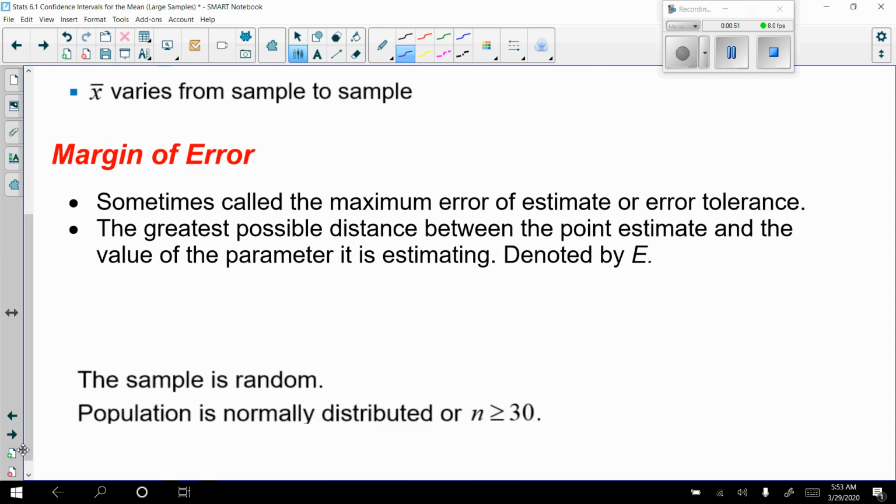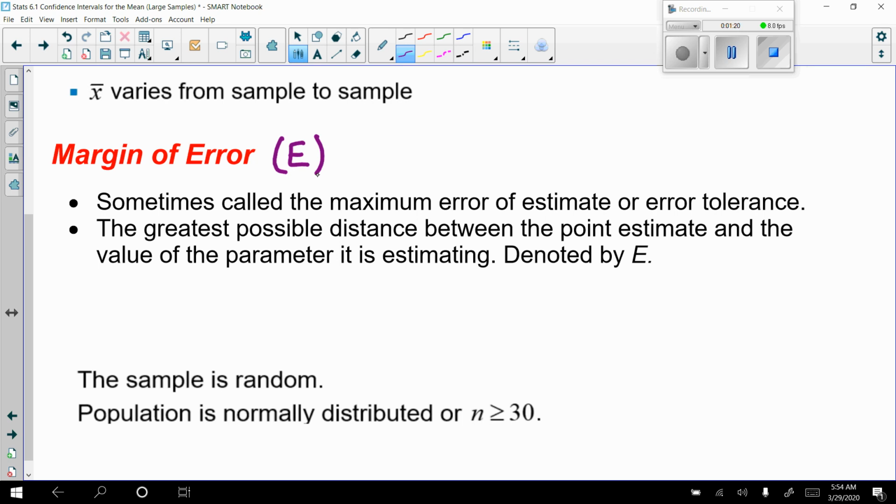We have something called margin of error. We use the capital letter E for margin of error, sometimes called the maximum error or error tolerance. That is the greatest possible distance that we could have between where we think our point estimate is, where we think our mean is, and the actual value.